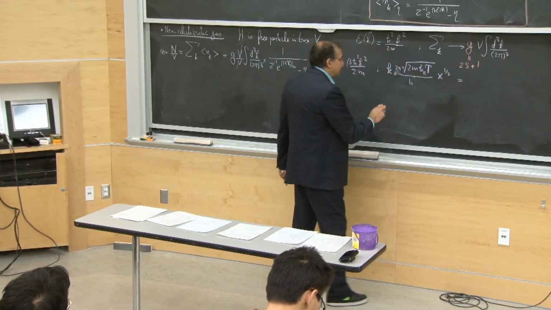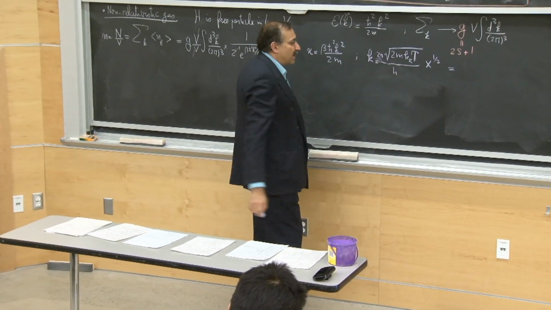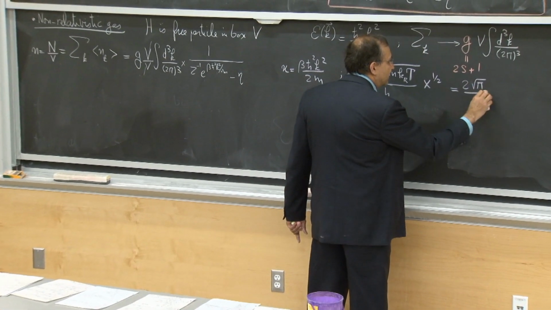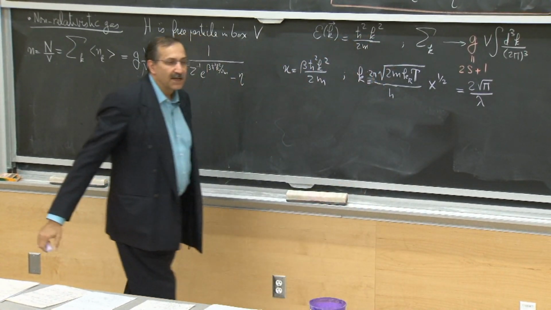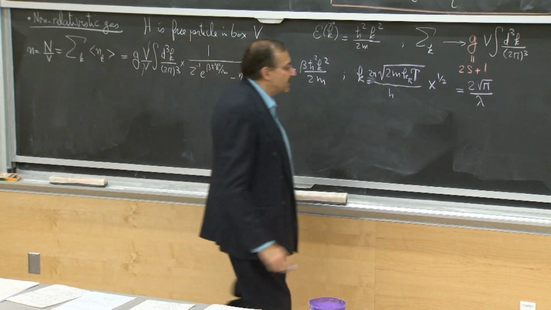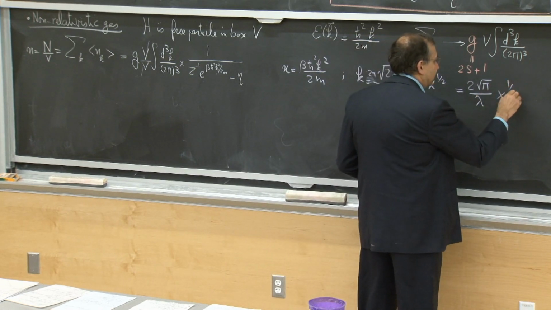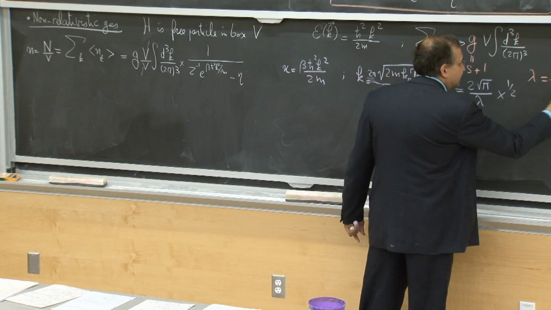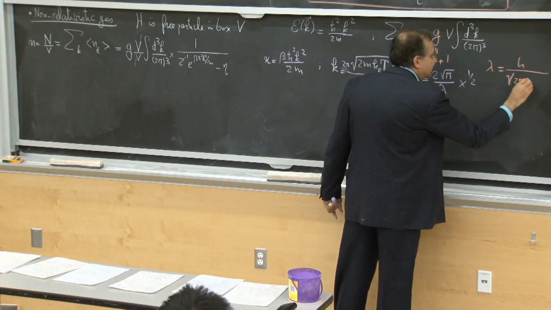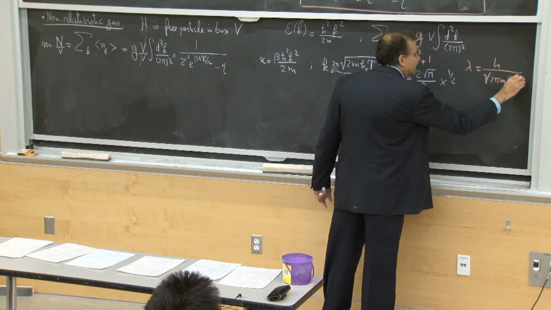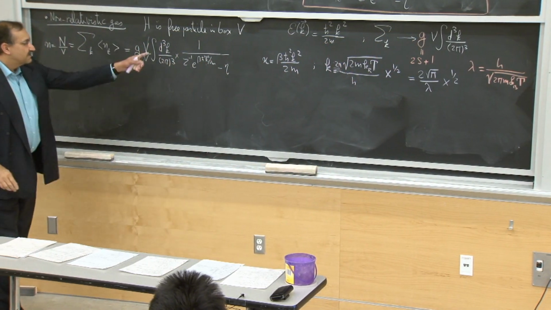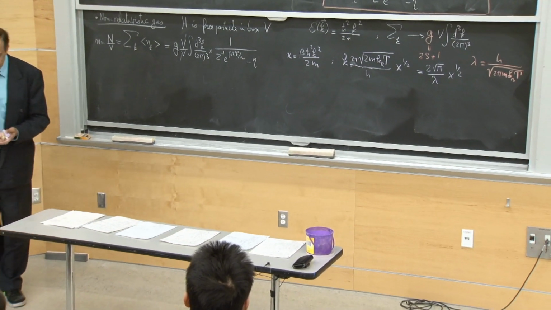So what do I get? I take a square root of pi inside, and I'm left with 2 square root of pi divided by this parameter lambda, x to the 1/2. Again, for later clarity, let's make sure we remember this was our lambda. So this is the variable k that I need.